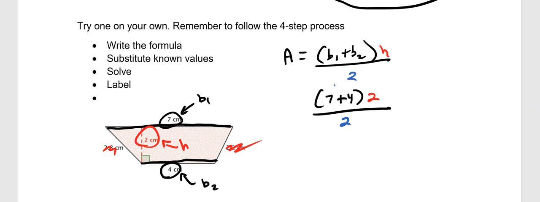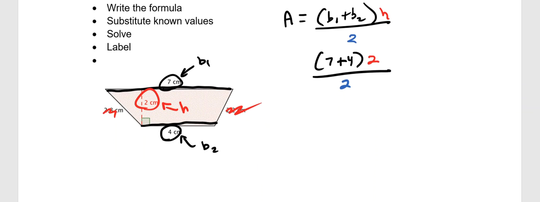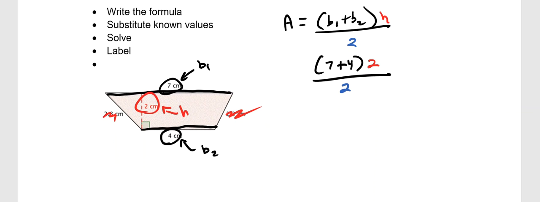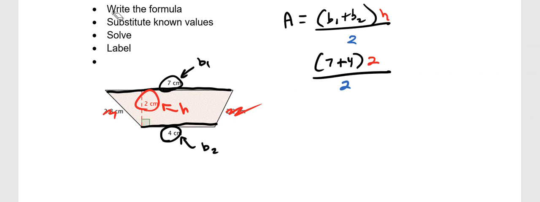So finish solving by first doing your adding, second doing your multiplying, third doing your division. Okay? So I don't want to confuse you with those, but those are your steps. So step 1, add, step 2, multiply, step 3, divide. And then you're all set. So finish this up, and there'll be a Google form for you also to complete as well. And we'll do more review in class.